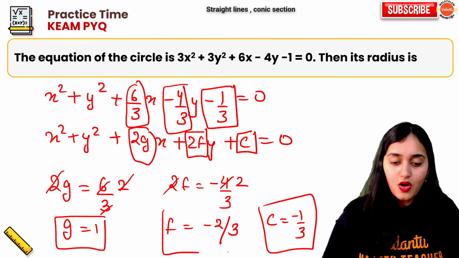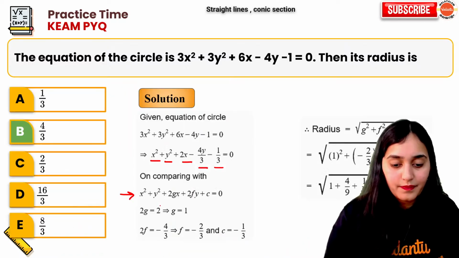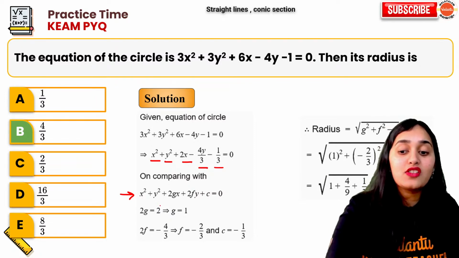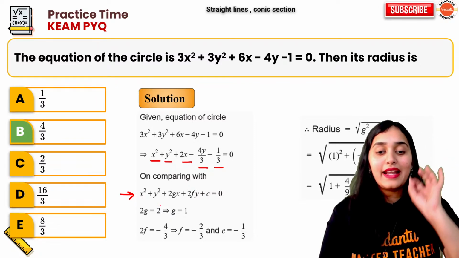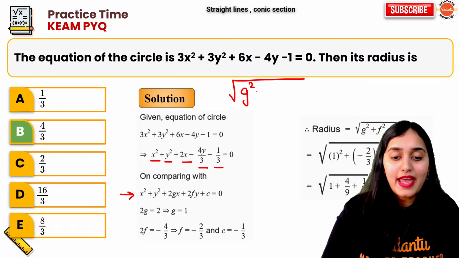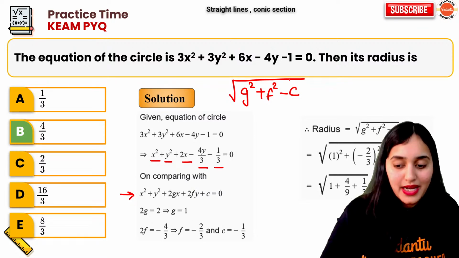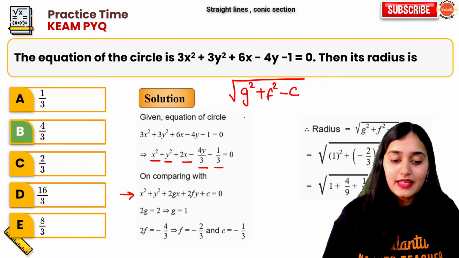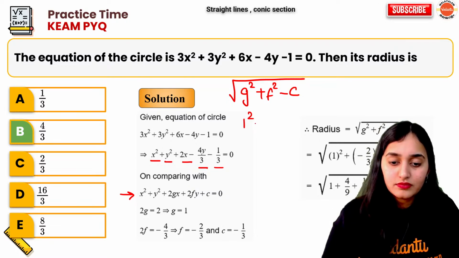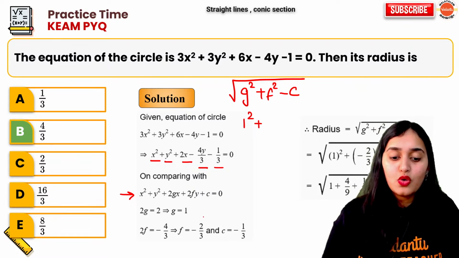So now you have all three values. Let's put them in the final formula for the radius of the circle. What is the radius of the circle? Square root of g square plus f square minus c. Now what is g square? 1 square. f square is 2 by 3 whole square.